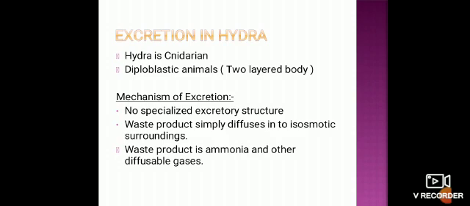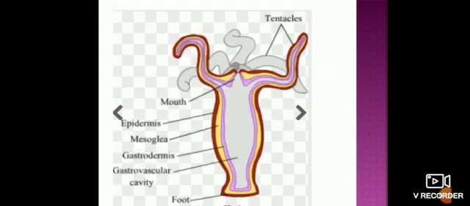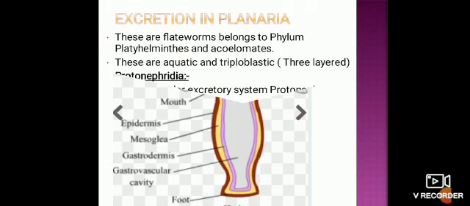The waste product simply diffuses into isosmotic surrounding, and the waste product includes ammonia and the other diffusible gases. Simply, the waste material discharges out from the body. In the diagram, it shows two layers and exchange of the gases takes place through the process of diffusion.